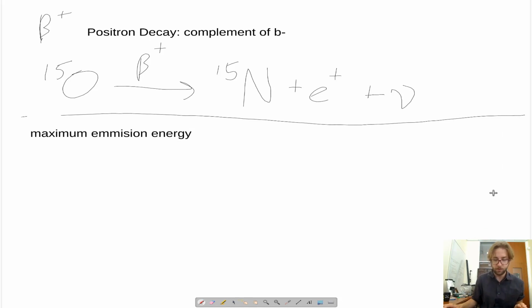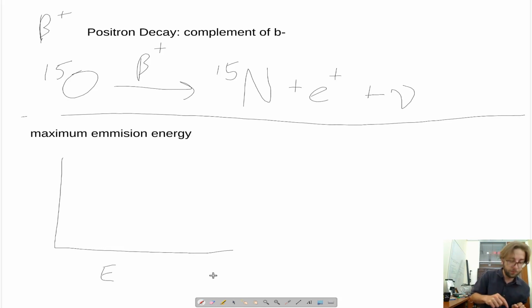And so if I just draw this out, the energy at which the electron is coming out with. So we have some energy curve here, and this is 0, so 0 energy is 0 velocity. So we want to know how fast the beta minus or beta plus is. And then this is the probability that an electron comes out with that energy.